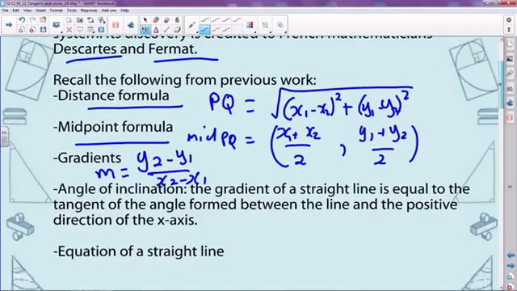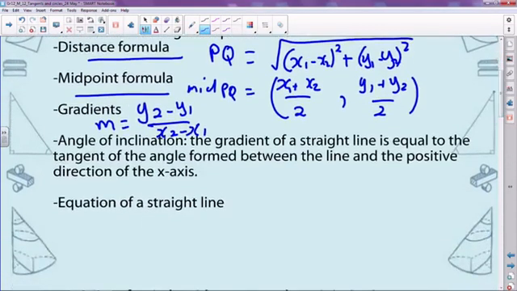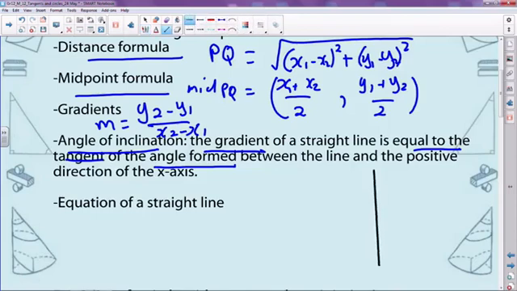Now the angle of inclination, this is something that you've heard of before as well. You first need to work out the gradient of your straight line. The gradient of a straight line is then equal to the tangent of the angle formed between the line and the positive direction of the x-axis. Okay, so this is what that means. I've got my y-axis, I've got my x-axis.